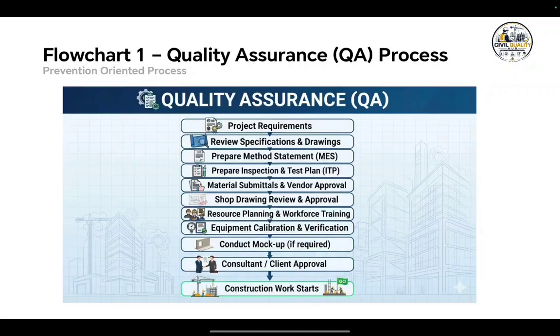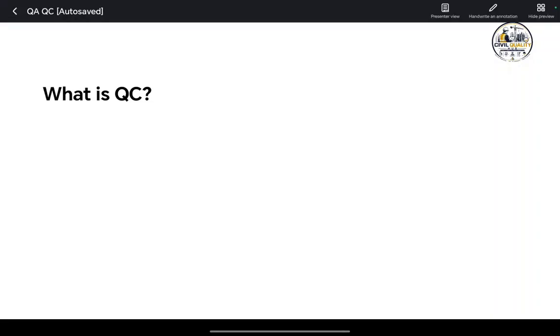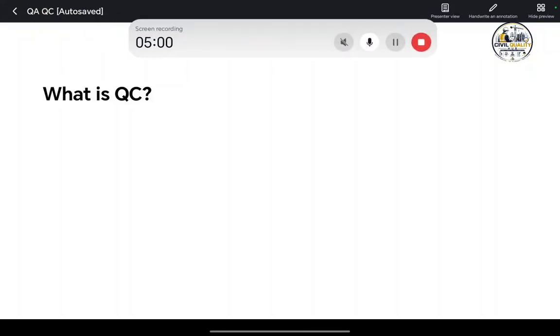So now let us go to what is quality control. I think most of the people know about quality control.